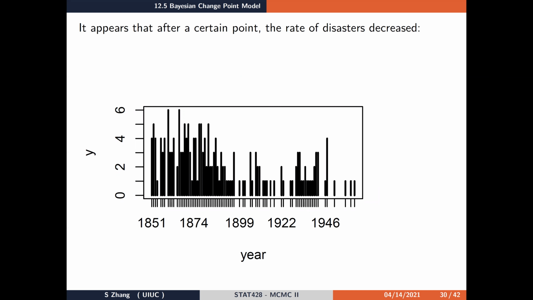The x-axis is the year, and the y-axis is the count of such incidents. As you can see, just by eyeballing, somewhere around here, the rate of disasters decreased, indicating that there might be a change point where before the change point and after the change point, the rate of disasters are different.